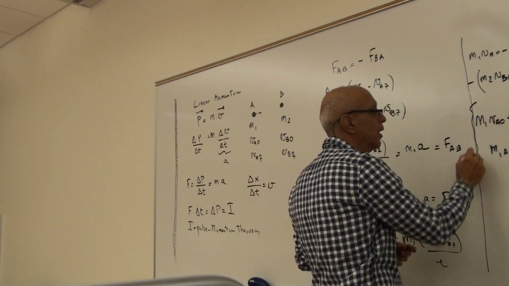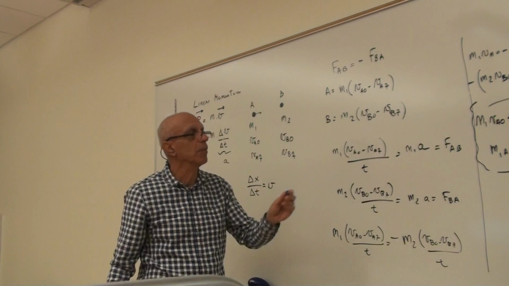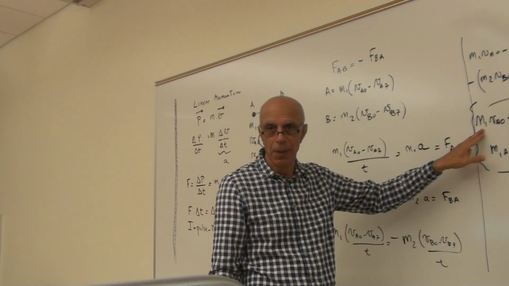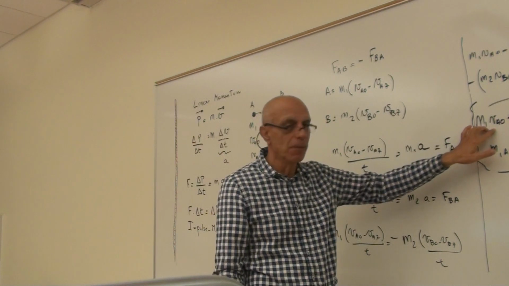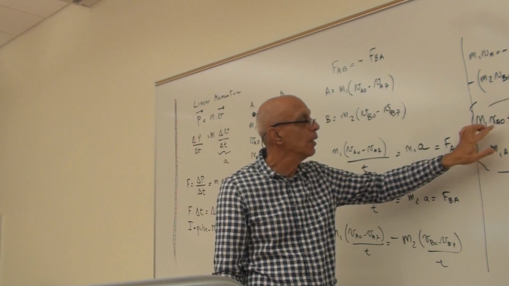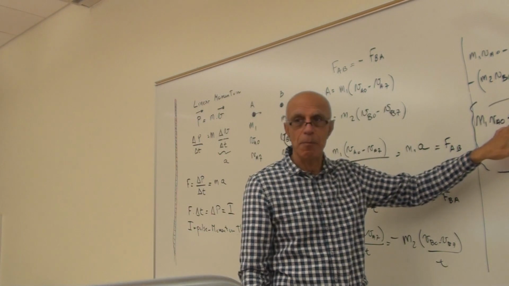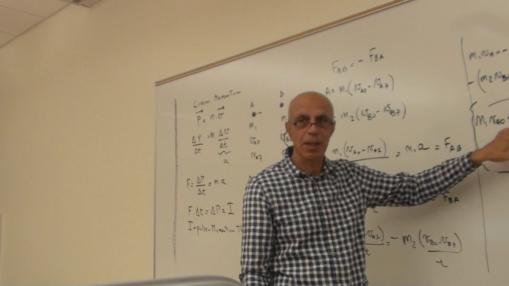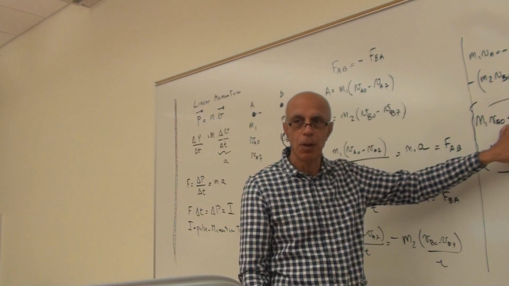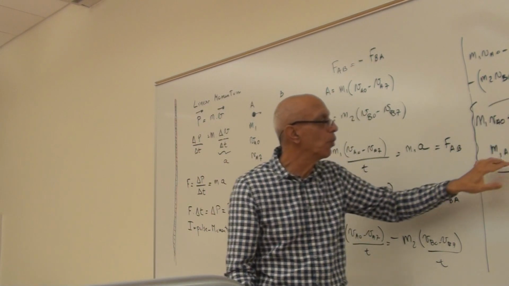So this here is very important. What is this telling me? Can you guys look at this formula? M1 VA0, the momentum of object A initially, plus the mass of B with its velocity, that is the momentum of B initially, is going to be equal to what?